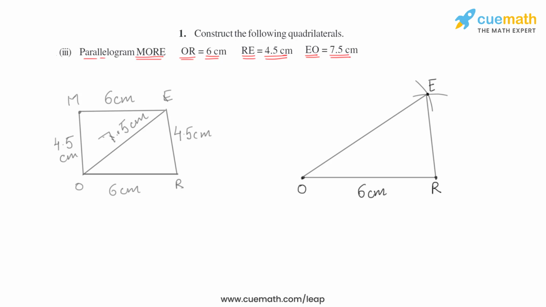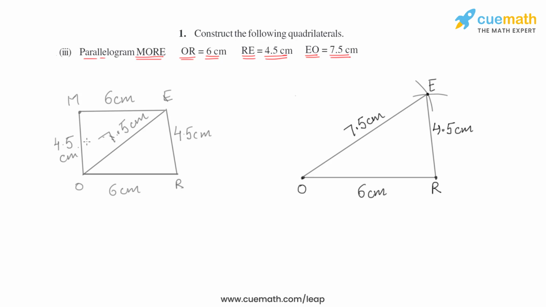So we have first constructed a triangle as we did in the last question. Same steps we are using. So this will be 4.5 centimeters and OE will be 7.5 centimeters. It is given. Now as in the rough diagram we saw that M will be opposite to R, so we have to construct the triangle OME now with sides 4.5 and 6.